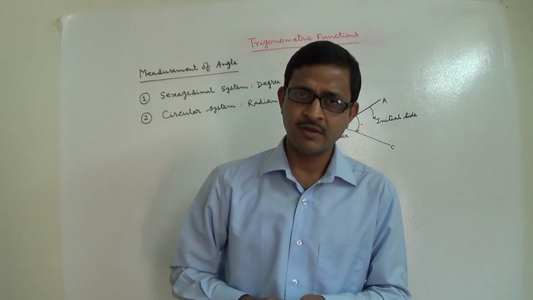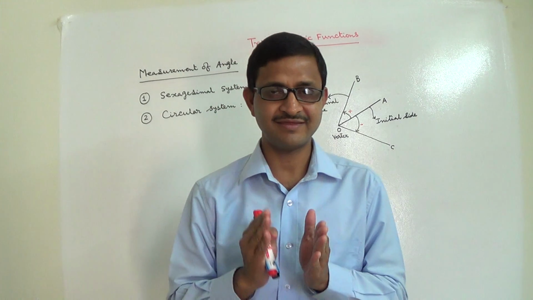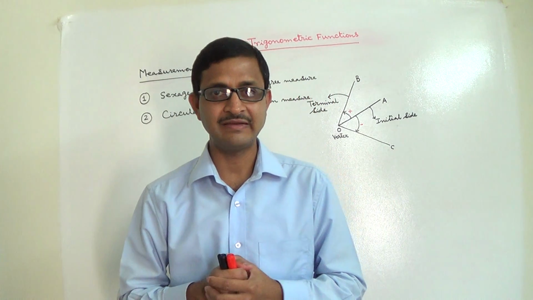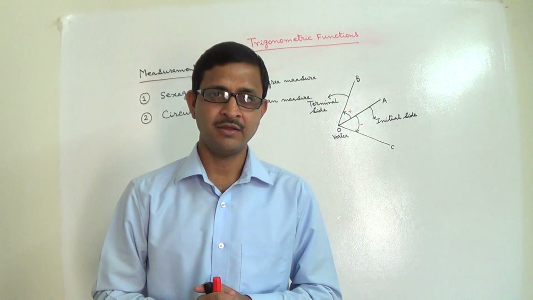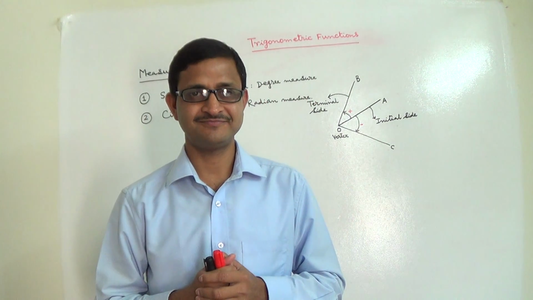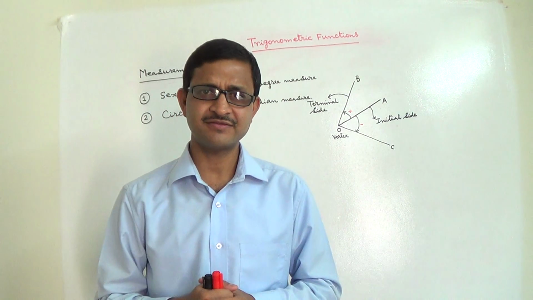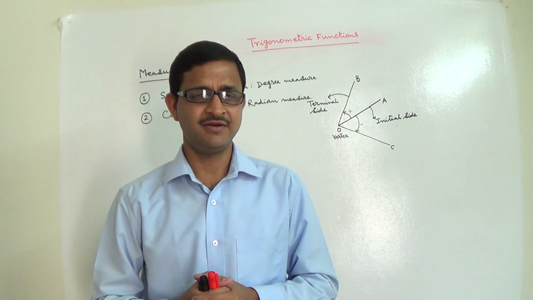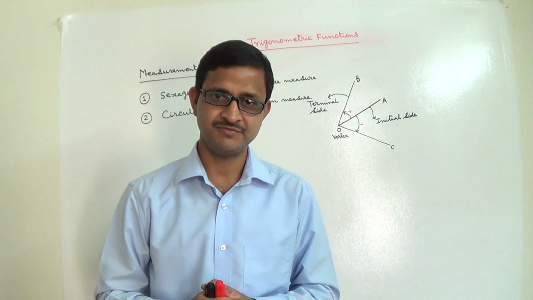Now, in the sexagesimal system, that is a degree measure, we say like this: when two lines intersect, an angle is formed. That is very fundamental stuff, a very fundamental way to tell that an angle has been formed.